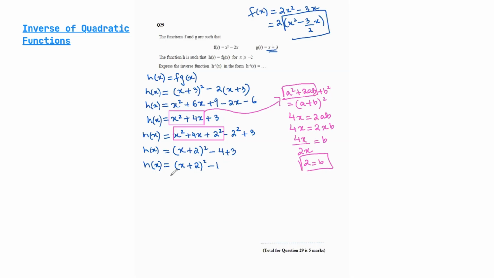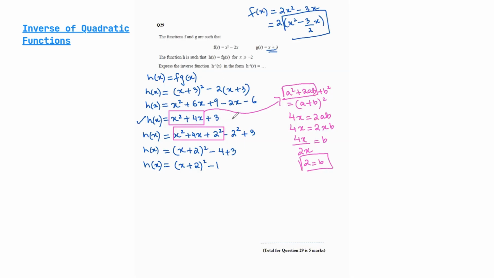So going back to this, h of x is x plus 2 whole square minus 1. The reason why we converted this into completing square form is because initially, if we look at our equation in this step, we had 2 x's. And when we're trying to find the inverse of an equation, we need to make sure that x is alone on one side.